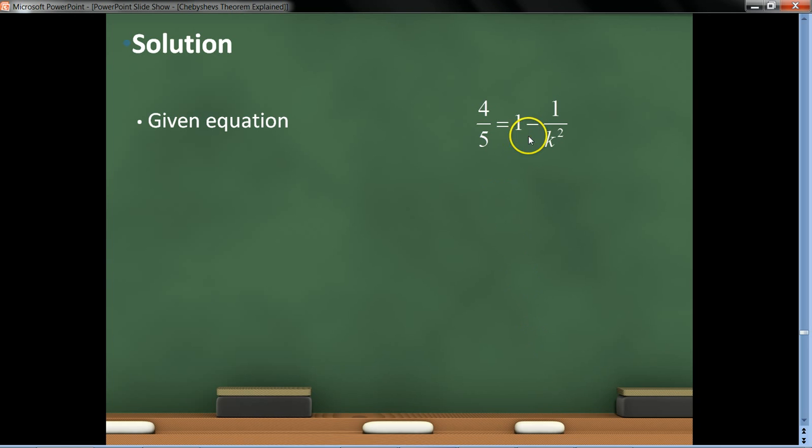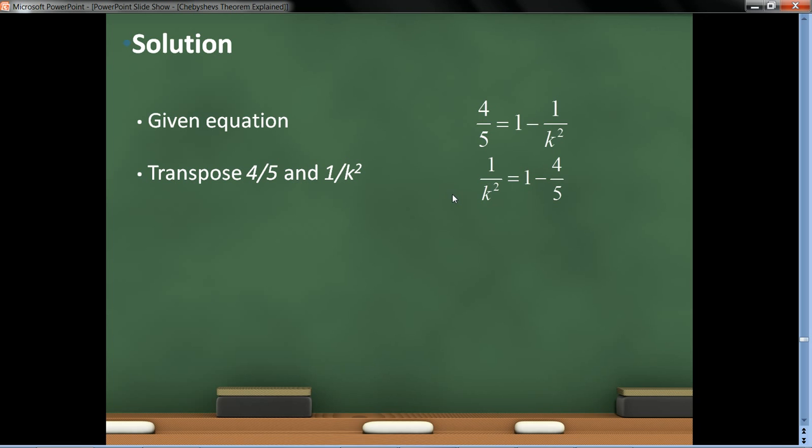Now, think of what we want to do first. This says minus here, and we're trying to solve for K, so let's transpose this term over to the left and make it 1 over K squared. And let's take this constant 4/5, transpose it over to the right, and rewrite the right side as 1 minus 4/5.